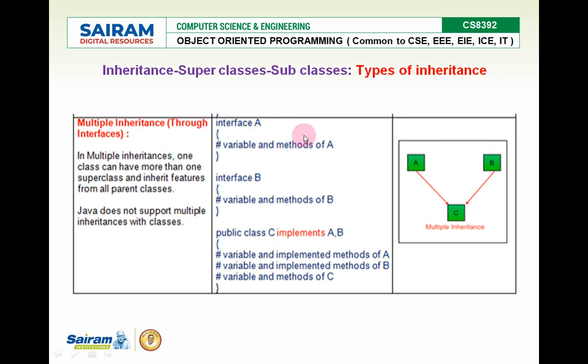Whatever methods are declared in A and whatever methods are declared in B, all these methods are to be implemented in class C because of the interface property implements, right? Only declaration will be there in the base interface, so those methods are implemented in the subclass C. That is what is called multiple inheritance.